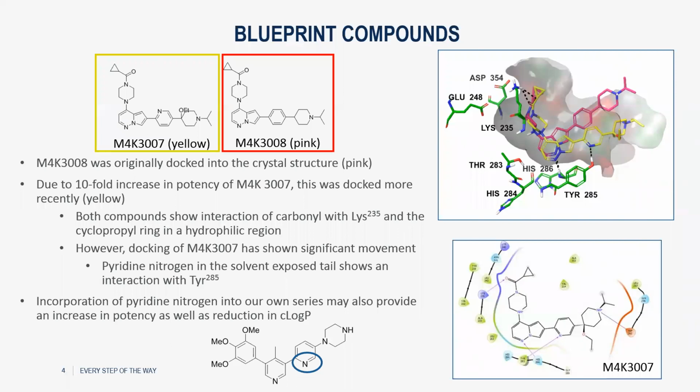It should be a methyl group in the middle there, but with the pyridine nitrogen in that position, as far as I can tell. No, we've made the one with the nitrogen at this position. Yeah, exactly. But that is probably less likely to be able to give that interaction with that tyrosine, looking at where it's positioned. So it's just a suggestion that maybe that could be added to the target list.